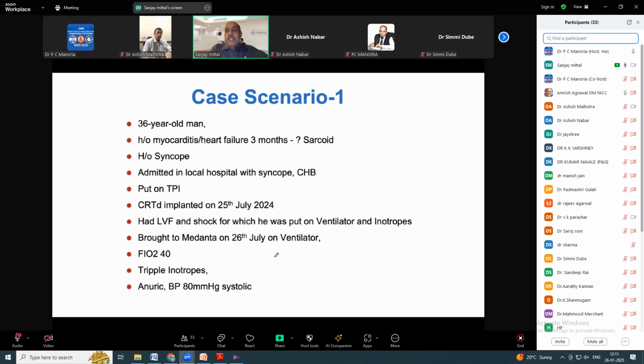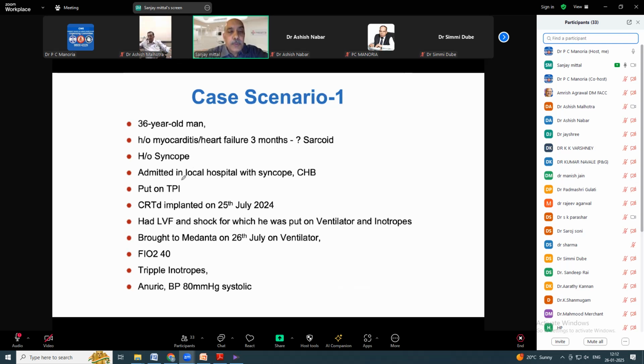Let me give you a scenario, because when a person presents to the emergency room, it's not hunky-dory. Everything is not very clear. I had this clinical scenario with me: a young gentleman, 36 years, presented with myocarditis and heart failure 3 months back and was diagnosed with SIPOD. We actually advised him to put in an ICD, and because of monetary constraints, he got the ICD implanted somewhere else.